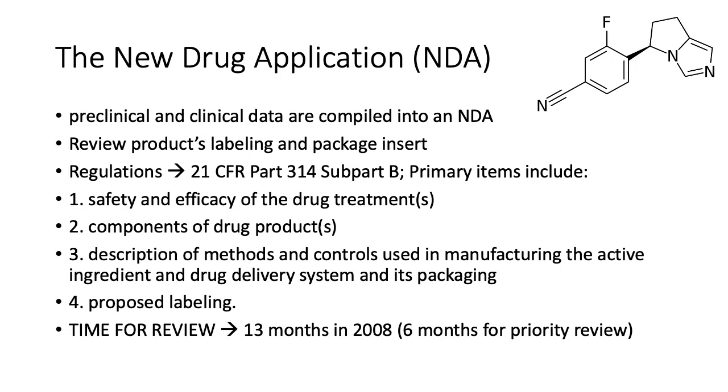This is reviewed by the FDA, and the application's primary items include safety and efficacy of the drug treatment, components of the drug, description of methods and controls used to manufacture the active ingredients and drug delivery system and its packaging, and the proposed labeling or leaflet of the drug.